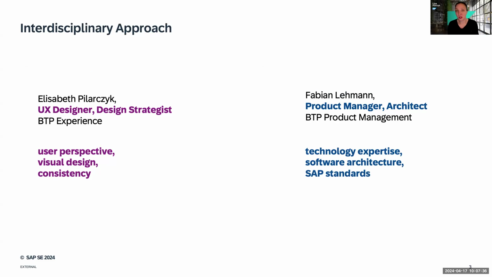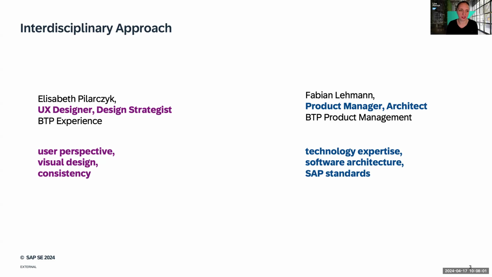Then it's, of course, the visual design, because we want to close the gap to Fiori Horizon. And then it's about consistency for me, of course, as well. Fabian, on the other hand, has a lot of technology expertise, knows a lot about software architecture, him being an architect himself, and standards and a lot of topics that I'm not aware of.